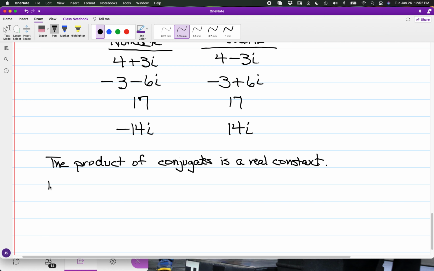Let me take, for example, 4 plus 3i and 4 minus 3i.